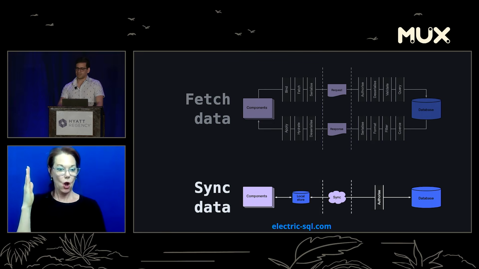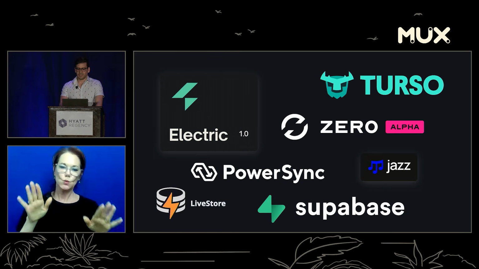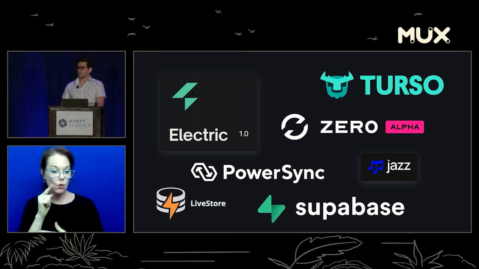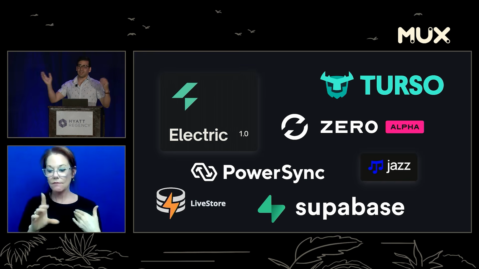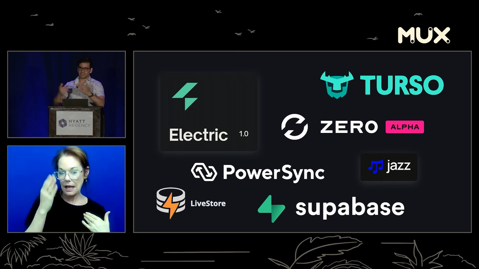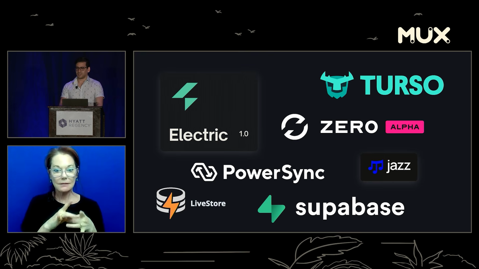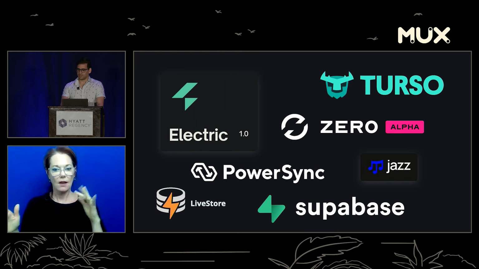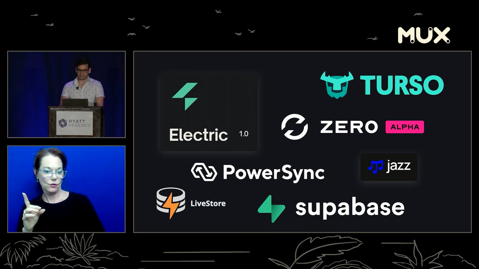It's really, really great. There's a lot of libraries that do this for you. So basically, if you want to just have your database and your front end react and sync with each other, there's a lot of magical libraries for doing that, and it's a great way to have offline local first state. So just let that sink in.